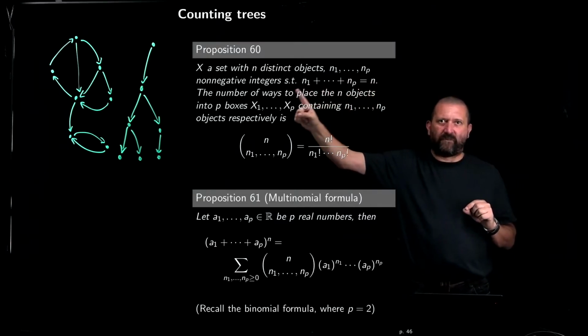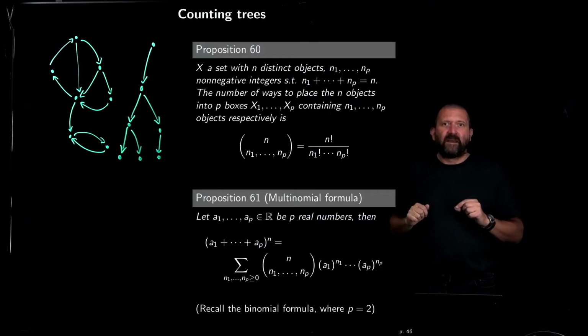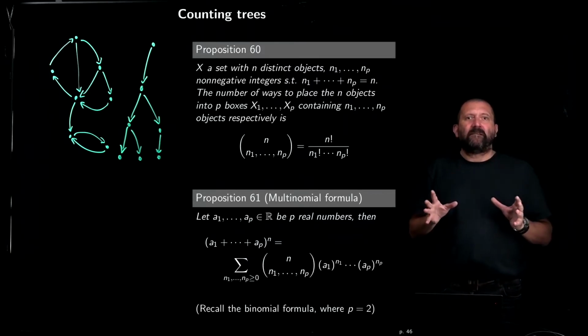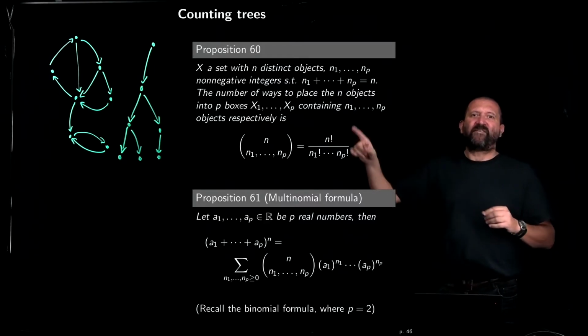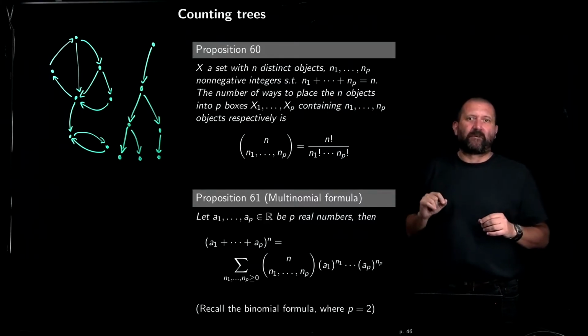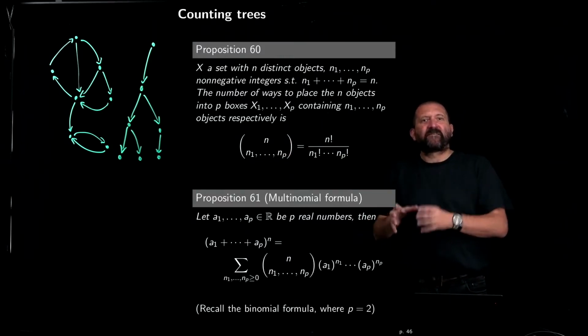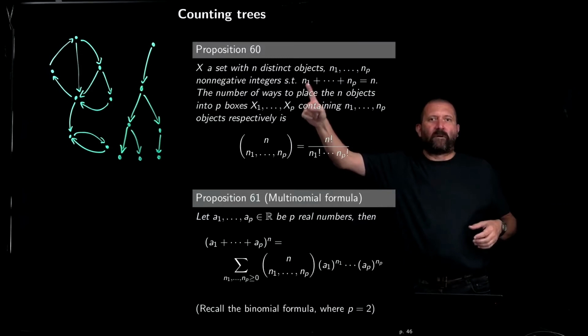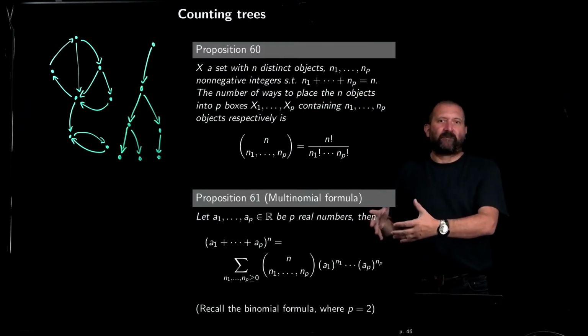I'm asking how many ways there are to place those n objects into p boxes that each contain the prescribed number n1 to np of objects.